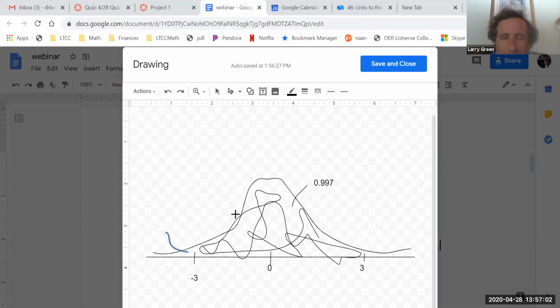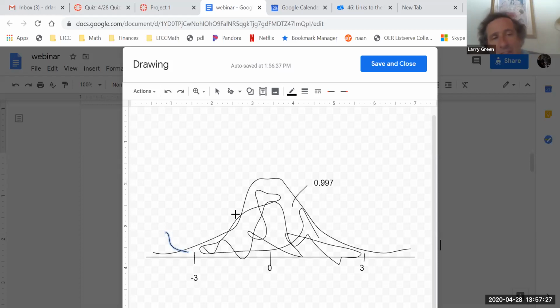So how do I find, based on just what we're looking at now, this area to the left of -3? Right, right. What we can say is that the whole area has got to be 1. So if we take 1 minus 0.997, you get left and right.